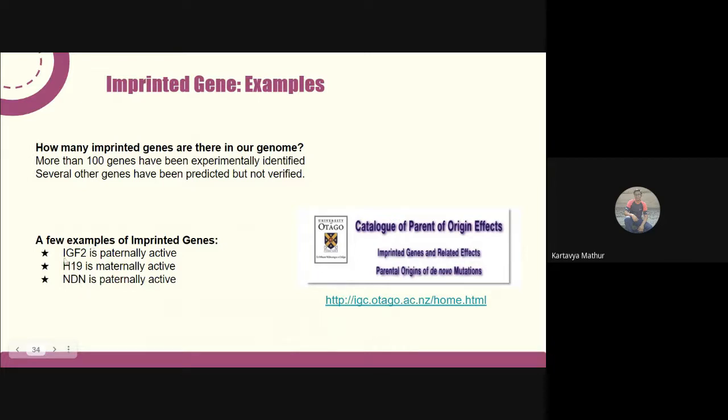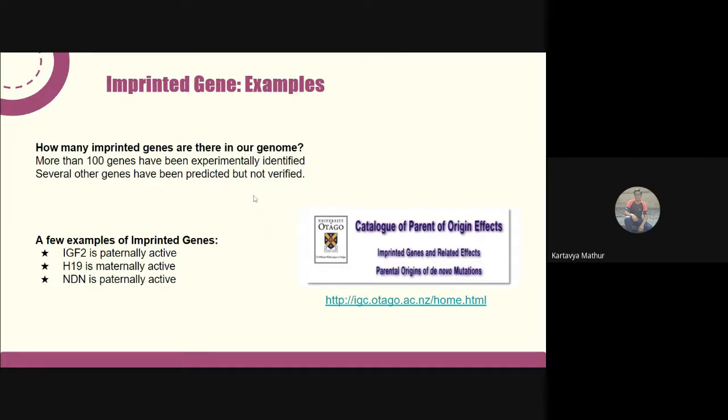Take note of IGF2 because we will be discussing it further in our next section. IGF2 is a paternally active gene. That means it is expressed from the paternal chromosome, and in the maternal chromosome it is imprinted or silent.